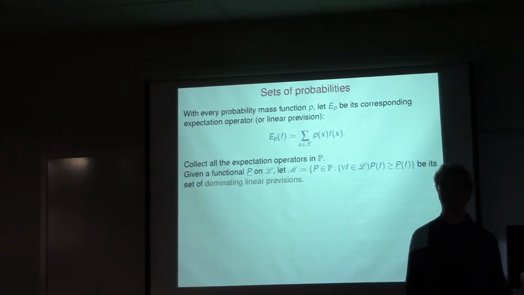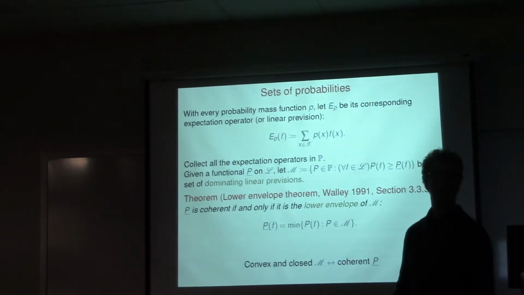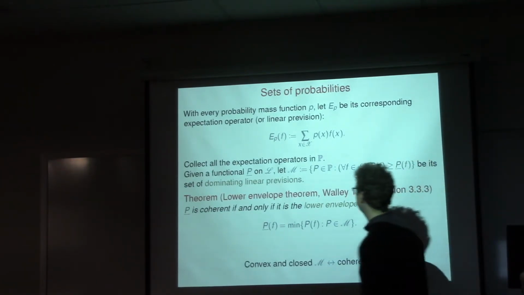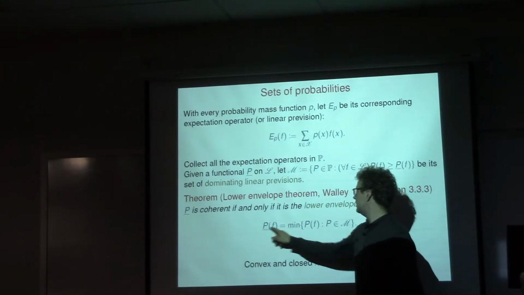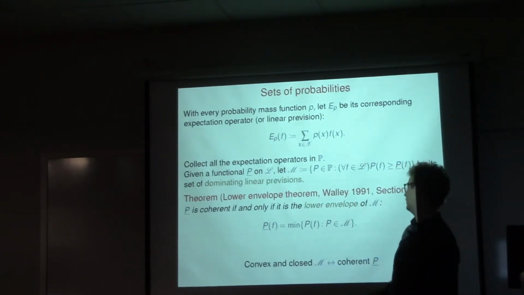And then there's a theorem by Walley. It says that a functional on the gambles is a coherent lower prevision if and only if this function is the lower envelope of its dominating linear previsions. And what is the lower envelope?